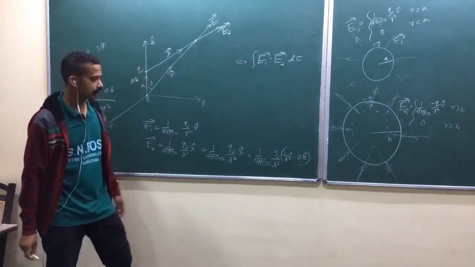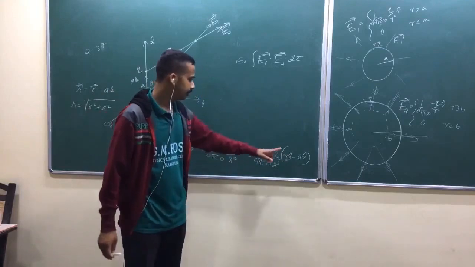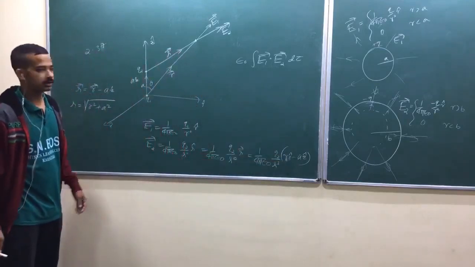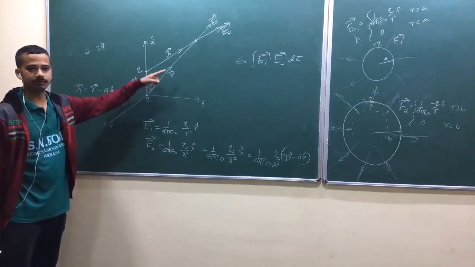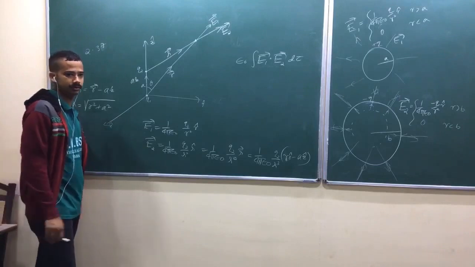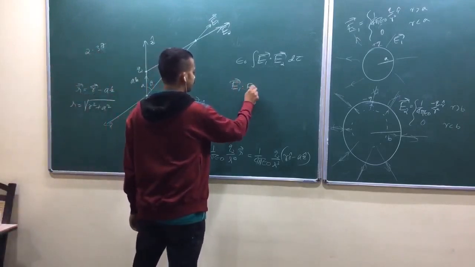When you take dot product between these two, look at here, r cap, z cap, r cap. Z cap dot r cap is cos theta. You know the angle between them, isn't it? So that's why everything is known in polar coordinate. So your next step is to write E1 dot E2.